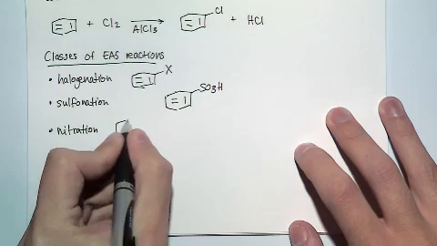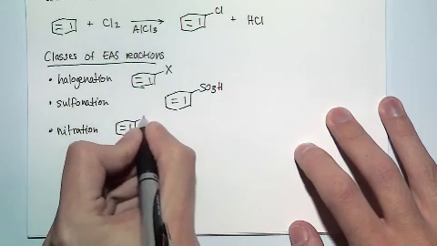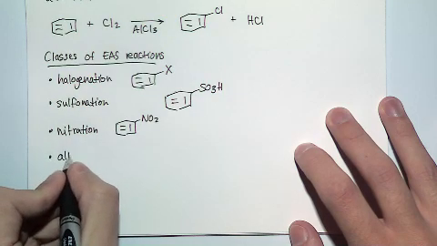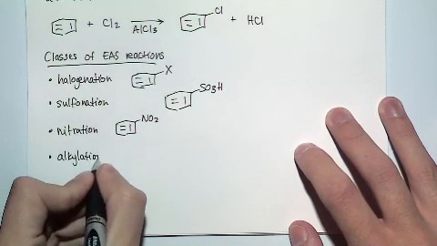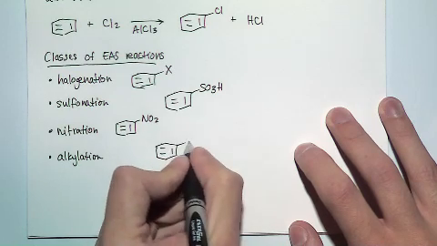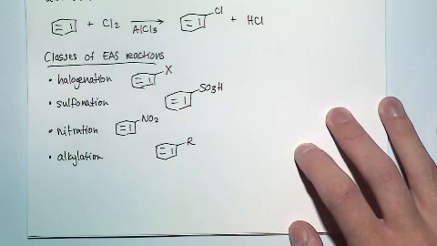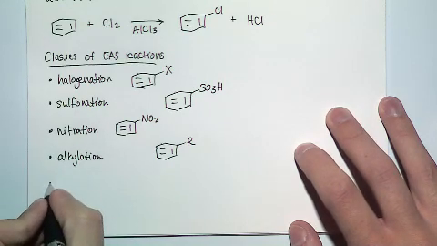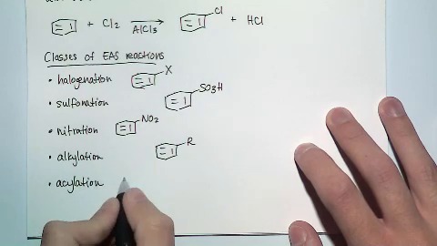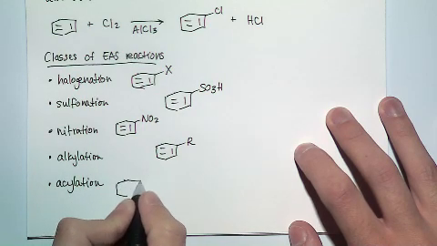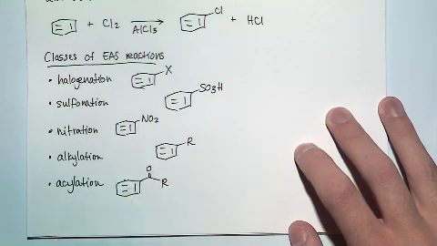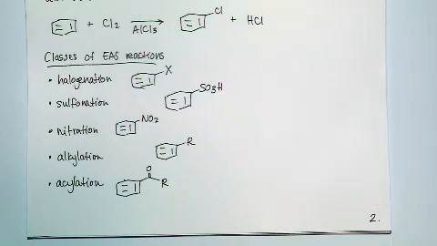Nitration is going to be really important. Then there's alkylation, where we can put on some sort of alkyl group. And then there's acylation, which is slightly different. We install an R group with a ketone like that.